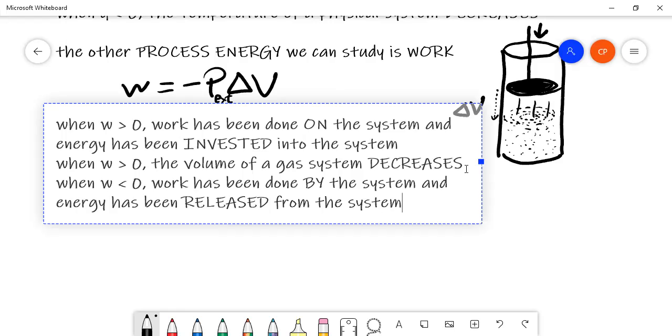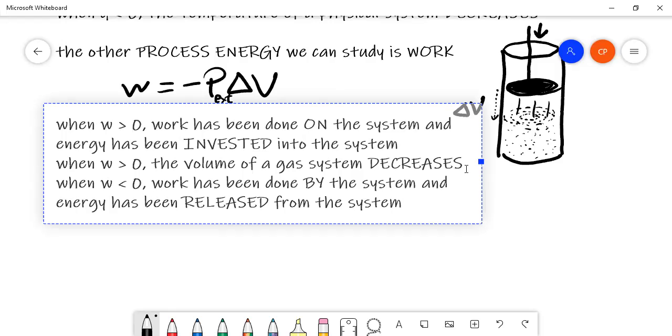And you can use your imagination to represent this. I've taken this plunger on this gas, I've shoved it down, I've invested energy into the system, molecules are bouncing around every which way. I let go of the plunger. What's going to happen to the plunger if I let it go in that circumstance? I've got all the molecules running around, bouncing off of the walls. They're bouncing off the walls because I've held the plunger down. If I let the plunger go, what's going to want to happen? It wants to go back up.